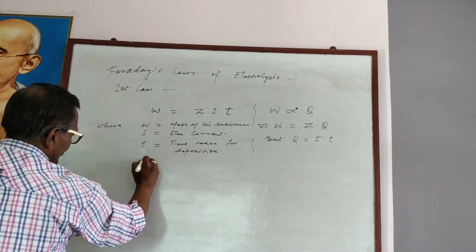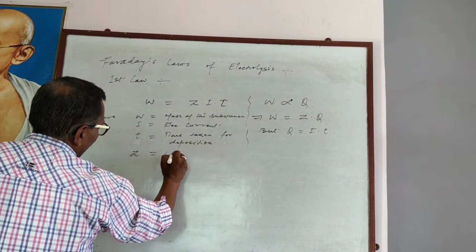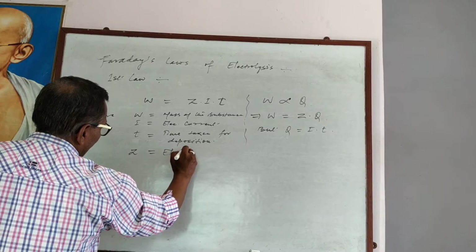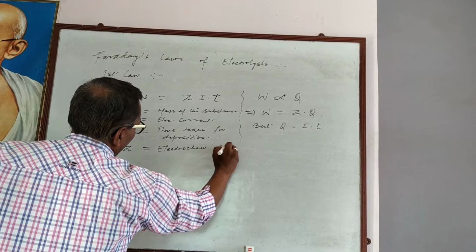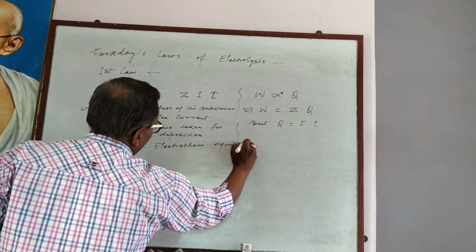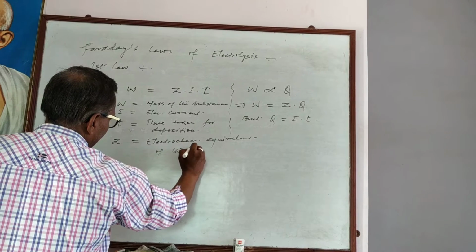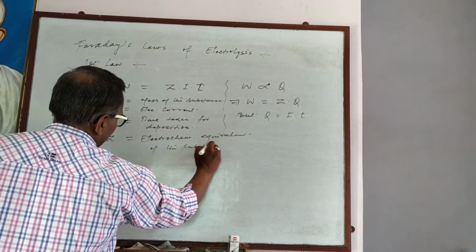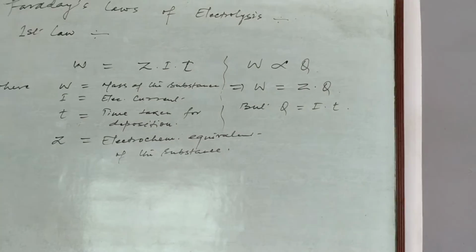and lastly Z is equal to the electrochemical equivalent of the substance, which is a proportionality constant.